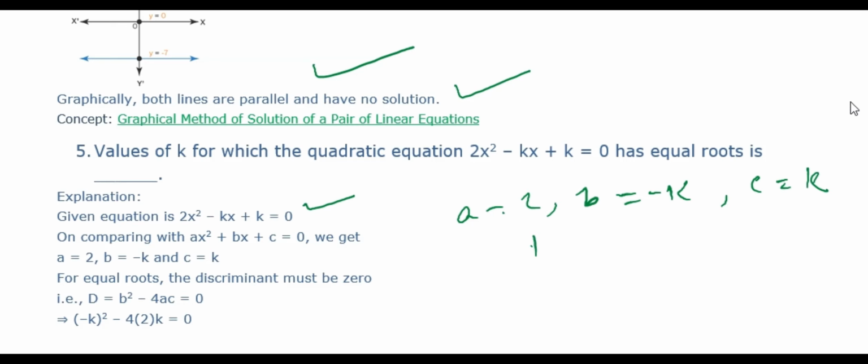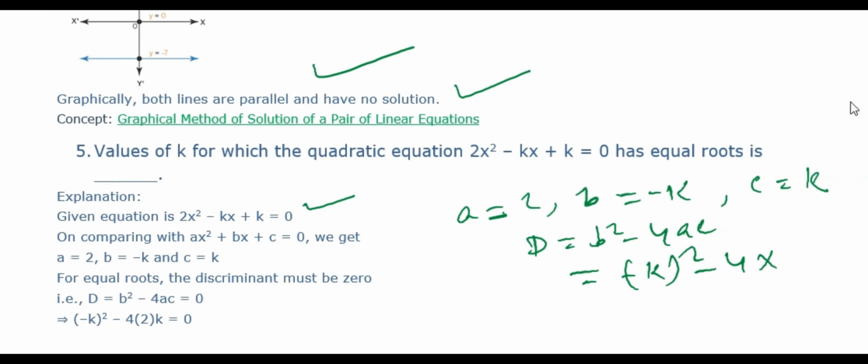For equal roots, you know D equal to b square minus 4ac, you know very well. b is equal to minus k, square. Here is minus 4 into a equal to 2, so 2 into k, right? So here is k square minus 8k. That one equal to what? 0.